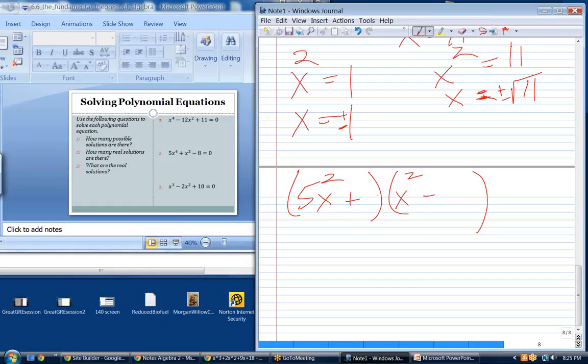And let's see, 4 and 2, that's not going to work. 4 and 2 I don't think work in any combination. 1 and 8, 8 and 1. That doesn't work either. We can't factor this easily. So on this one, we're going to have to use u substitution to really get a handle on it. What's my u equal?